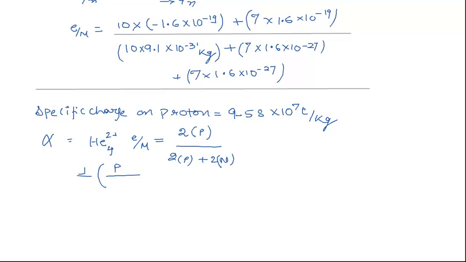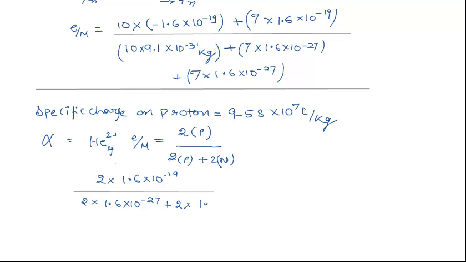Let's calculate this by doing it. So that would be 2 into 1.6 into 10 to the power minus 19 coulombs upon 2 into 1.6 into 10 to the power minus 27 plus 2 into 1.6 into 10 to the power minus 27. That is your E by M of alpha particle, right?